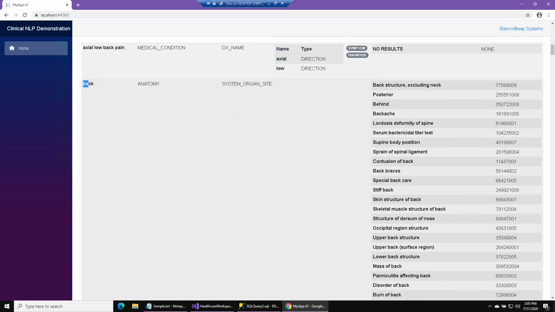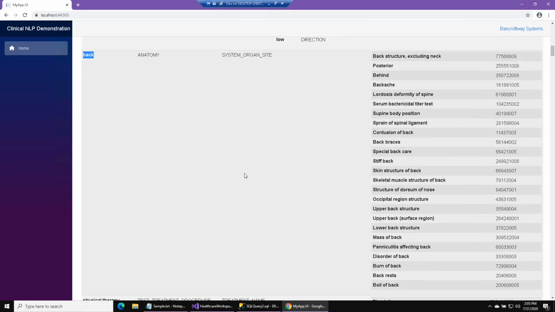Similarly, here's an example where, as I was saying, it knows when the word back refers to a patient's back versus something else. Here we have figured out that in this clinical text, back is a body part that is probably involved in this claim.